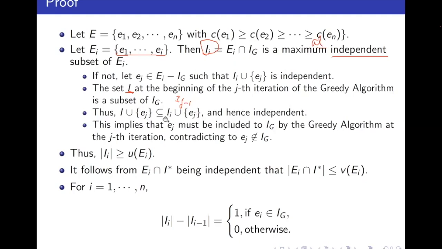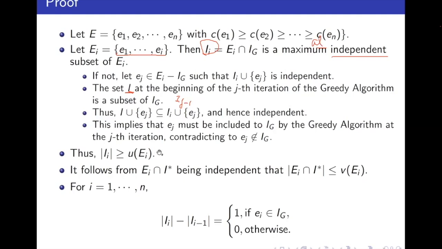We know this is independent because by assumption it is independent, and any subset of an independent set is independent. So when it is independent, that means this EJ will be included in IG, but here we're saying that EJ is not in IG. So that's a contradiction.